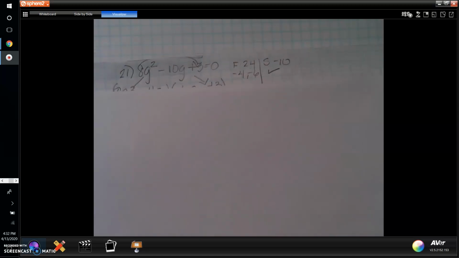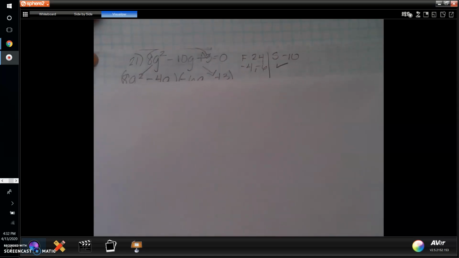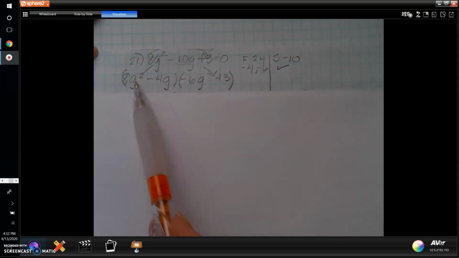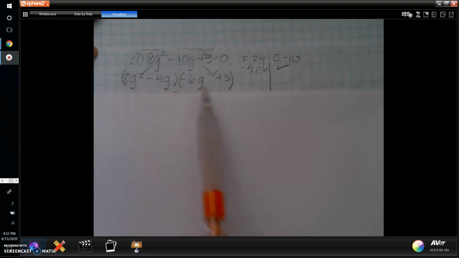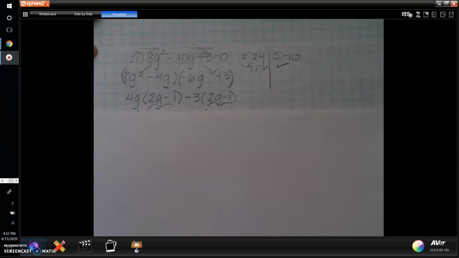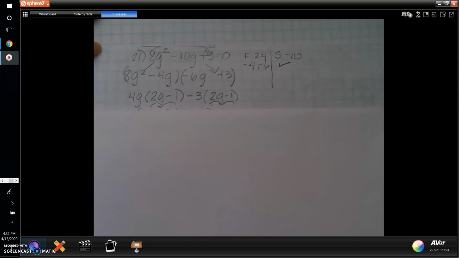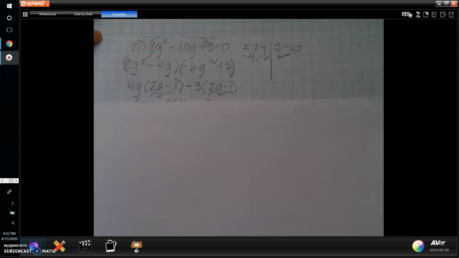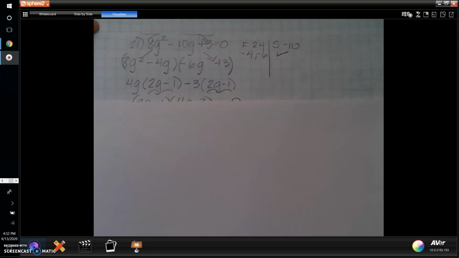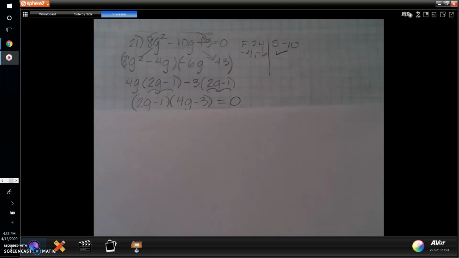I get negative 4 and negative 6. So I group this, negative 4 with the 8g, the negative 6 with the 3. I apologize if I just called variables different variables. The work is right. The variables I used are right, except for this one with a v. I should have had a v instead of a g. But hopefully everything matches.